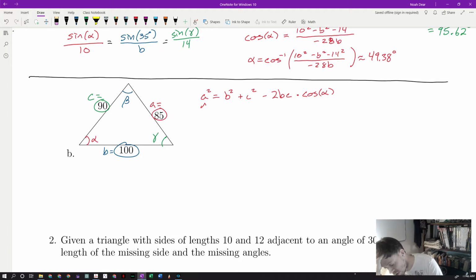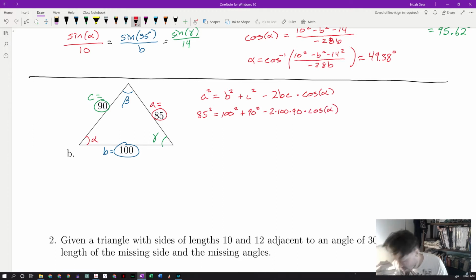Those will always correspond. So let's plug in the information. We've got 85 squared equals b is 100 squared plus c is 90 squared, minus 2 times 100 times 90 for b and c, times the cosine of alpha. So this will allow us to get our alpha angle.